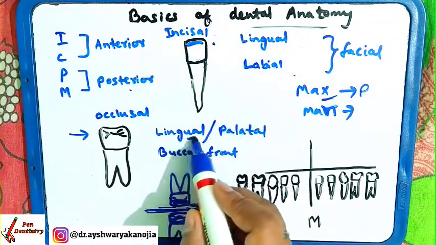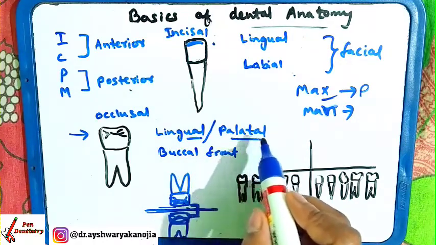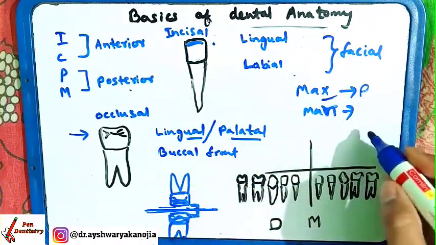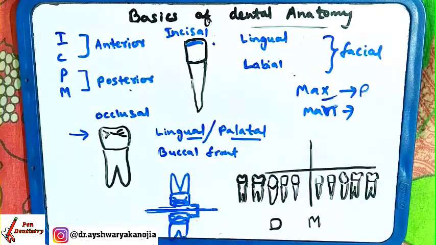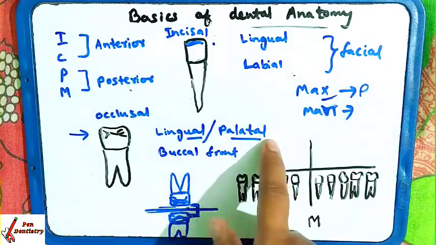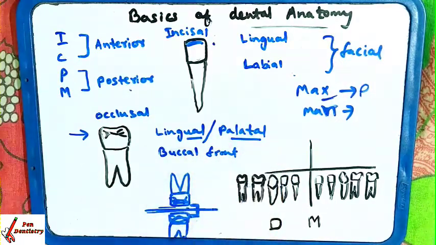The lingual name is changed into palatal because the palate is present in the maxilla region, and the roots that are connected to the palate area, that surface is known as the palatal surface. Those roots are known as palatal roots.